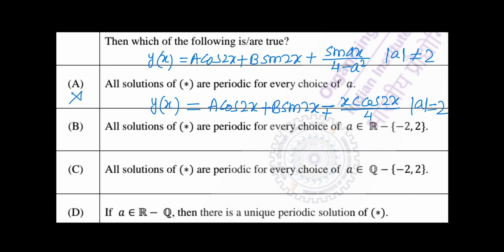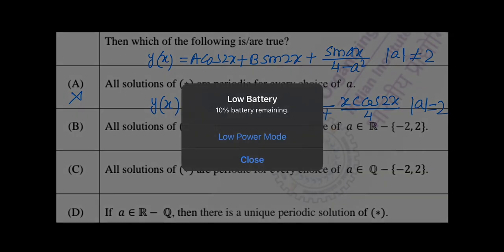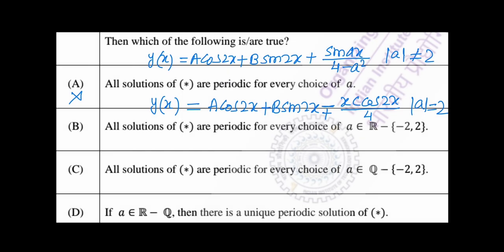Now option B, all solutions of a star are periodic for every choice of a which belongs to real numbers excluding -2 and 2. If you take the same y(x) that I wrote previously, what was that?